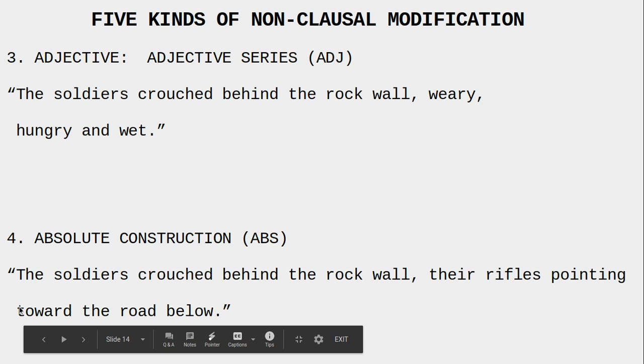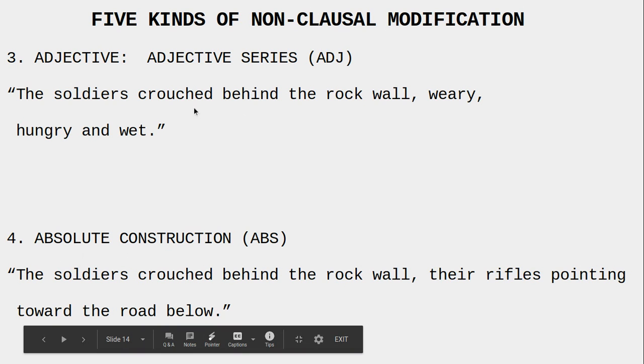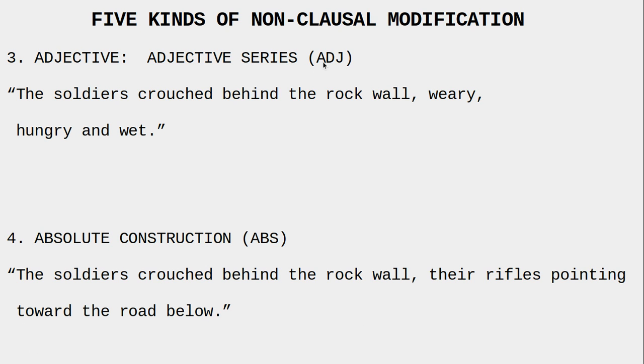Their rifles pointing toward the road below all functions as one structural unit modifier that is growing or developing the description of whom. That's right, the soldiers. And that's what an absolute does. Now notice, as expected with the adjective series, I've abbreviated it ADJ, like I would a single adjective or multiple.